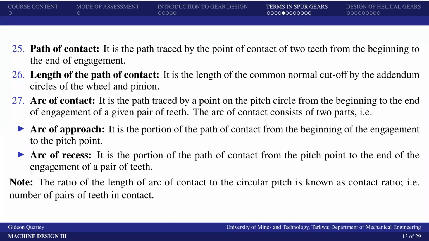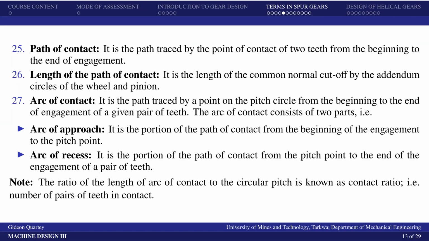the arc of contact. And the arc of contact consists of two parts. We have the arc of approach, which is the portion of the path of contact from the beginning of engagement to the pitch point. And then we also have the arc of recess, which is the portion of the arc of contact from the pitch point to the end of engagement of the pair of teeth.